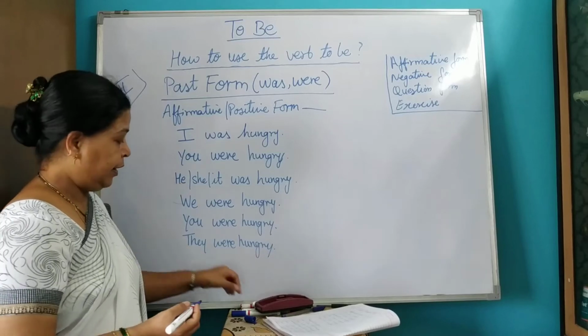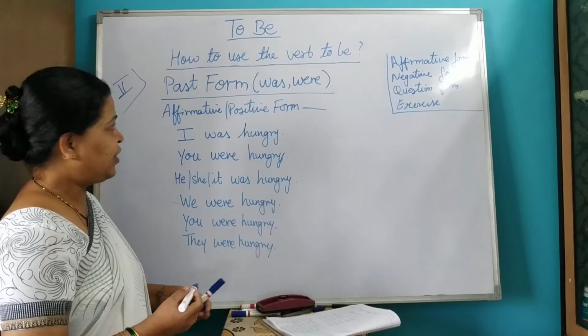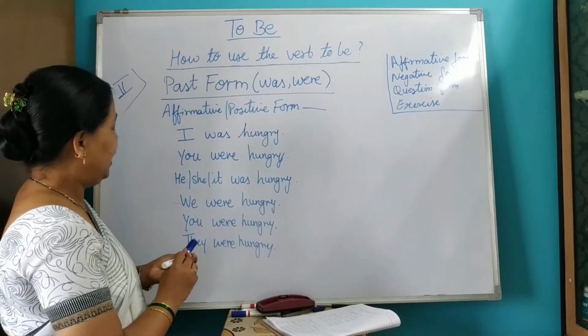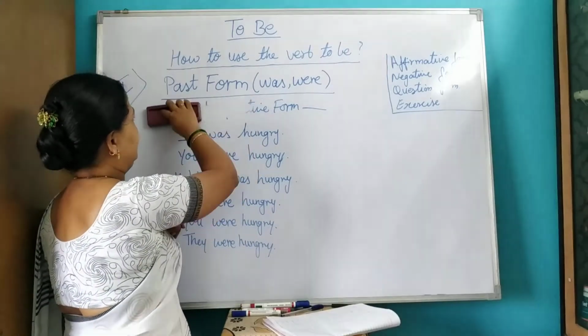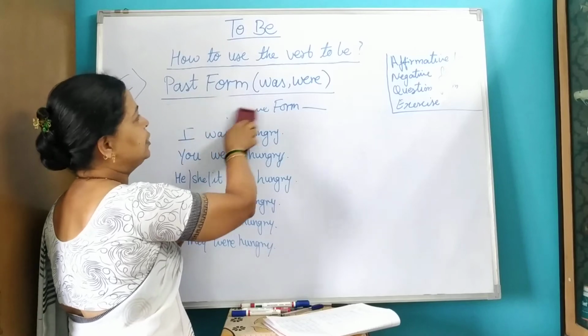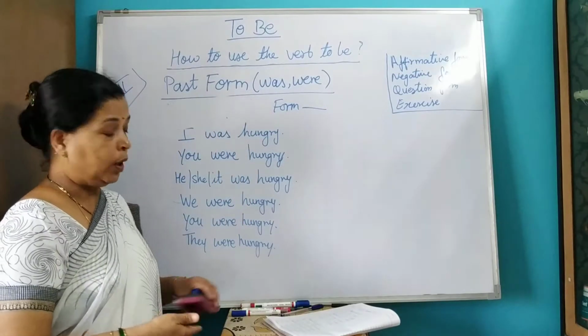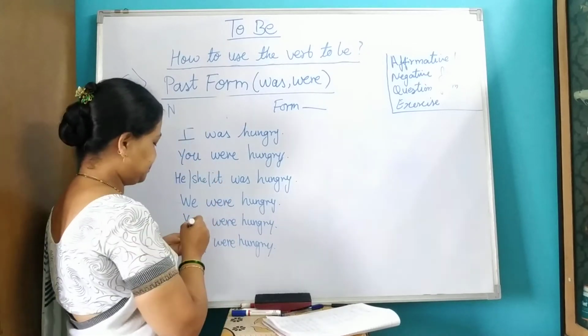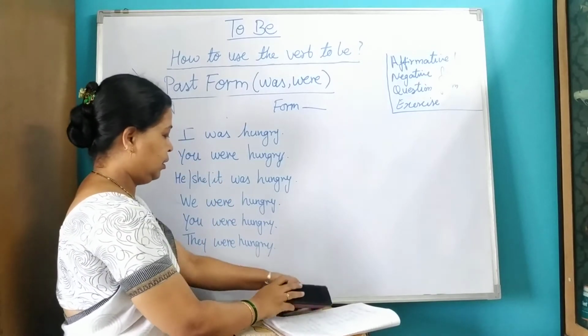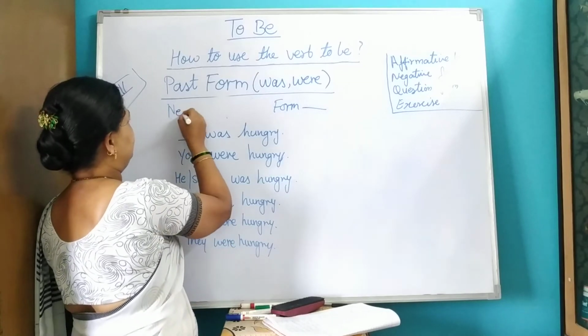Okay. Then let's write the negative form. In negative form, what do we have to do? We have to use a negative word. Okay. So now let's do the negative form.